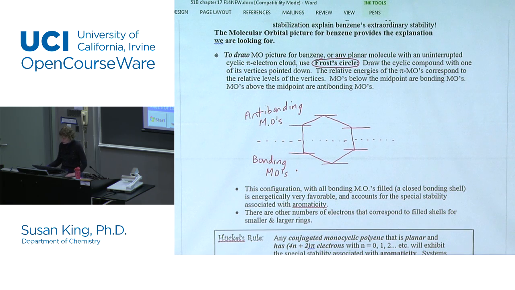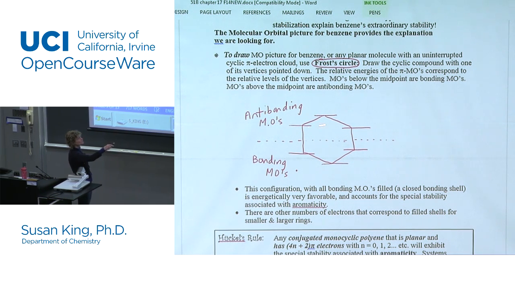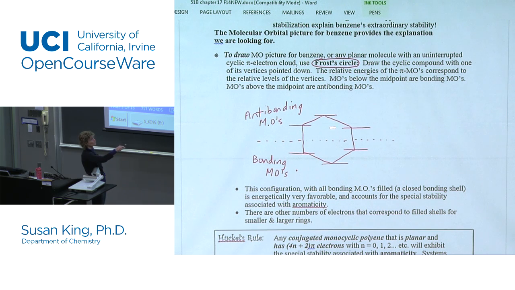How many anti-bonding molecular orbitals do we have? There's 3, right? Each one of these lines is a molecular orbital: 1, 2, 3. These two molecular orbitals have the same energy. What do we call that? Degenerate, right? So these are degenerate, but they are separate molecular orbitals. We have 1, 2, 3 bonding, and we have 1, 2, 3 anti-bonding.